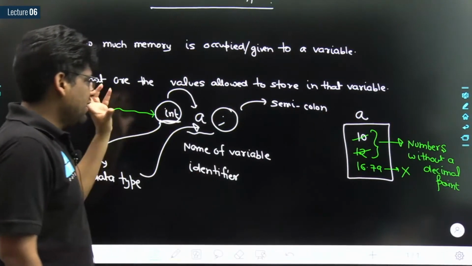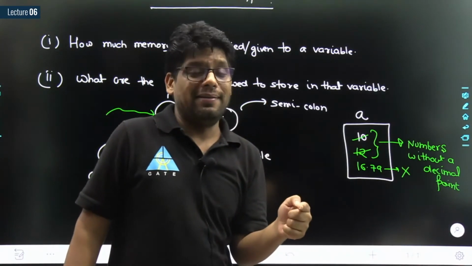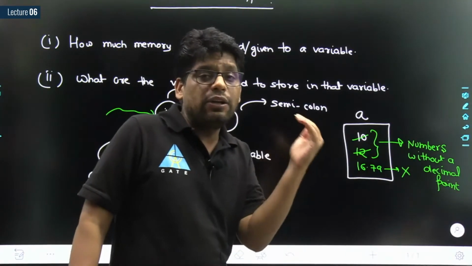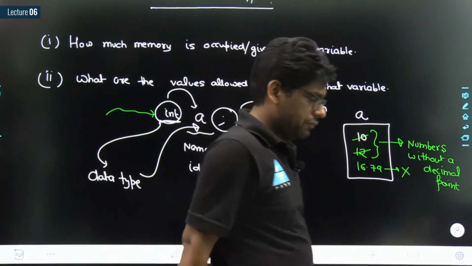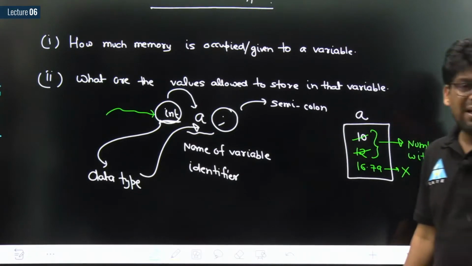This is why we are doing all this, because we need to tell the compiler what the allowed values are that go inside the container whose name is a. Okay. So the only allowed values are without a decimal point. We are informing the compiler.